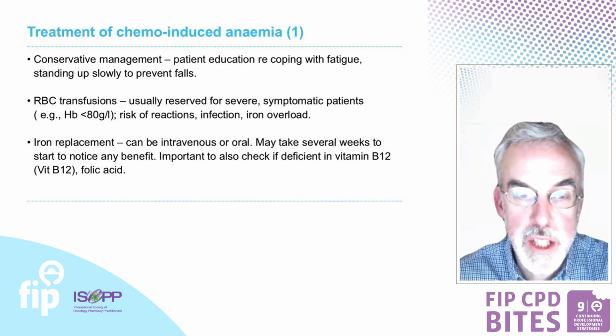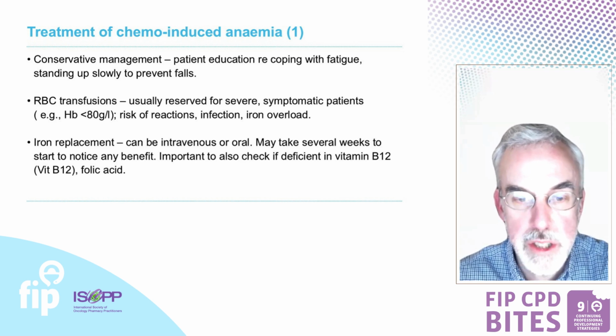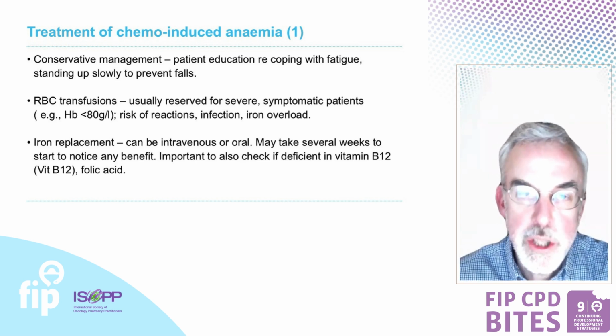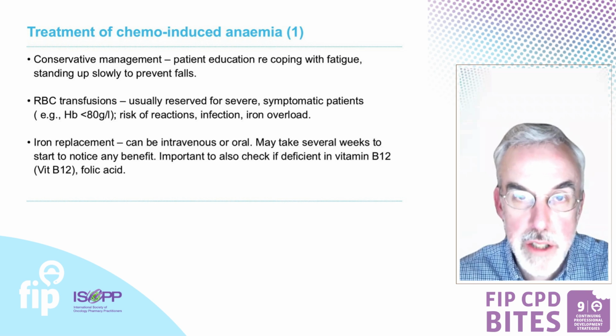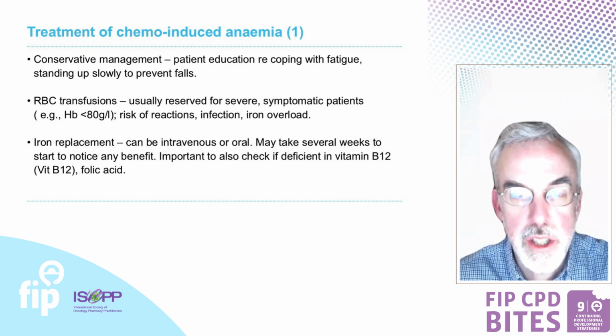Red blood cell transfusions would generally be reserved for symptomatic patients with very low hemoglobin readings, and due to the potential problems shown on the slide, should not be offered routinely to patients with mild anemia. It is also important to check patients' iron stores, as well as their B12 and folate levels, as any deficiencies identified can generally be easily addressed with replacement therapies.